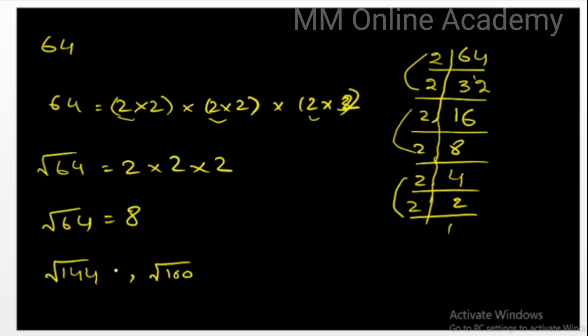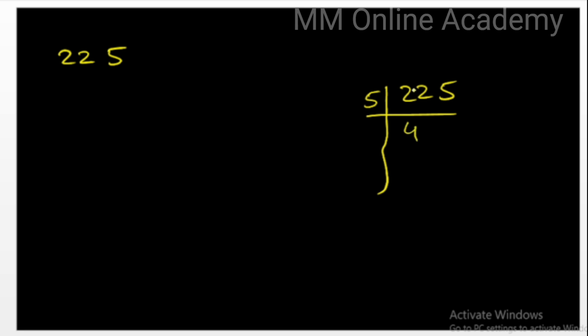Now I am giving you another example. Let's find the square root of the number 225. Okay, let's make the prime factors of 225. We can divide by 5 because the last digit is 5 or 0, so we can divide that number by 5. 5 4s are 20.